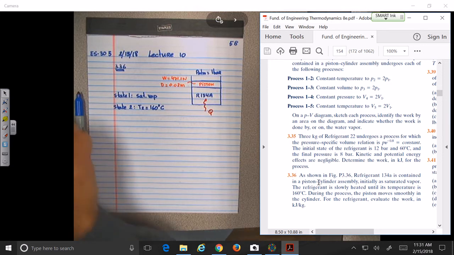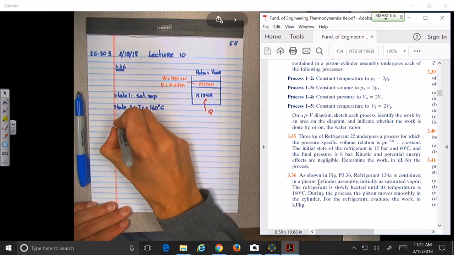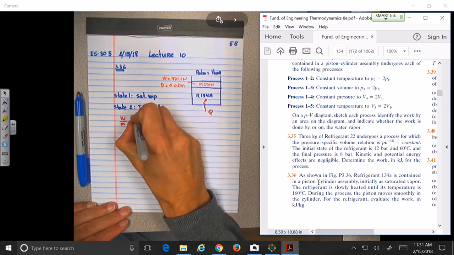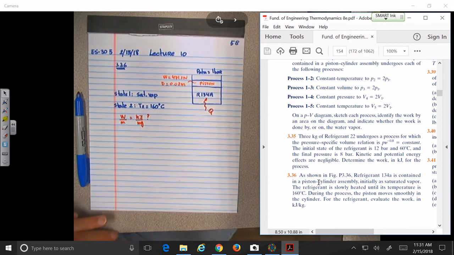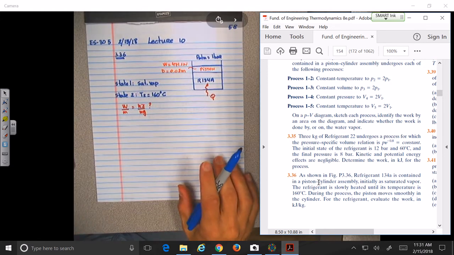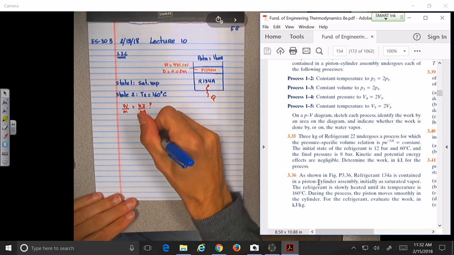So what we need to find is work per unit mass, which will be kilojoules per kilogram. In every single problem, what is something you always need to do?